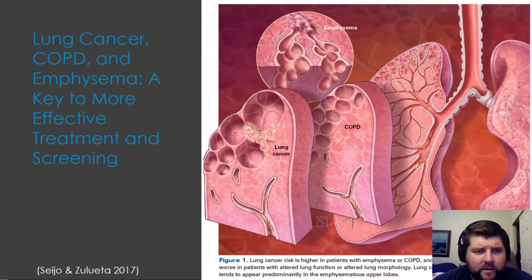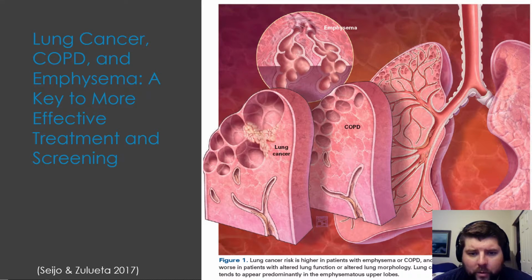So zooming right along, I want to talk about lung cancer and how that can affect a pulmonary test. Lung cancer, COPD, and emphysema. These all three things are pretty bad. COPD is chronic obstructive pulmonary disease, which is like chronic bronchitis.